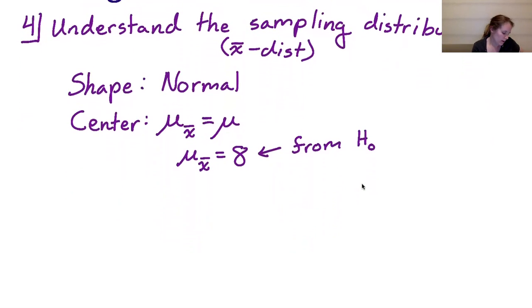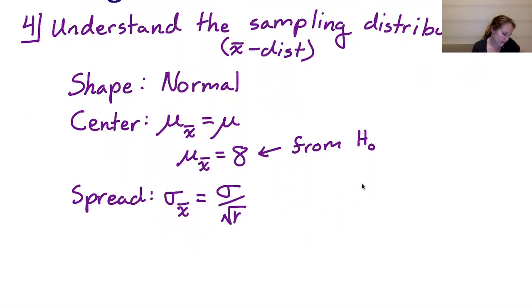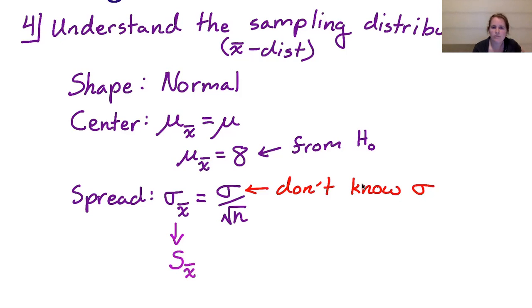And then our spread, sigma sub x bar, we would usually do sigma divided by the square root of n, but we don't know sigma. So instead, I'm going to use what I call S sub x bar. This is not official notation.